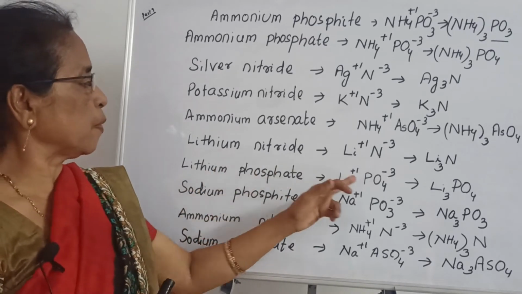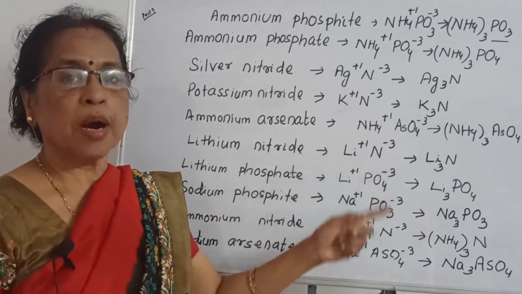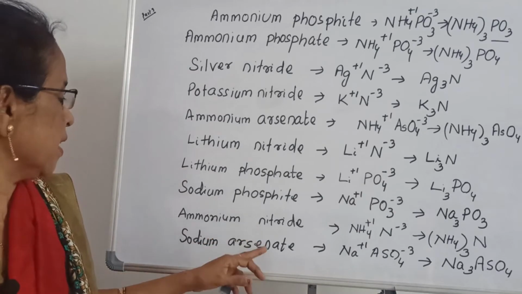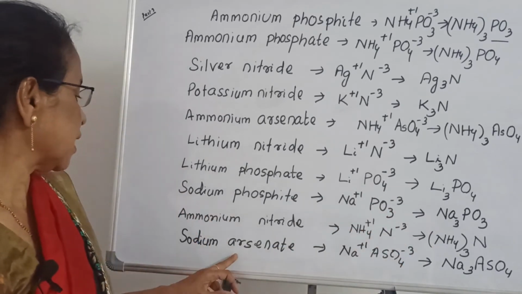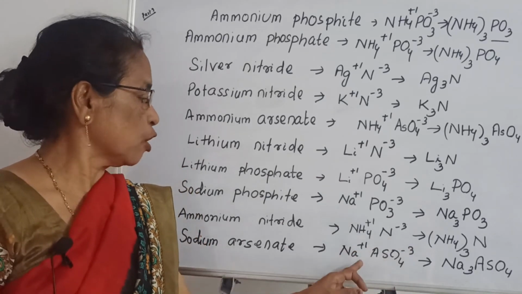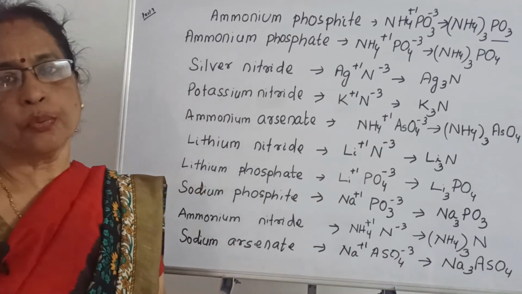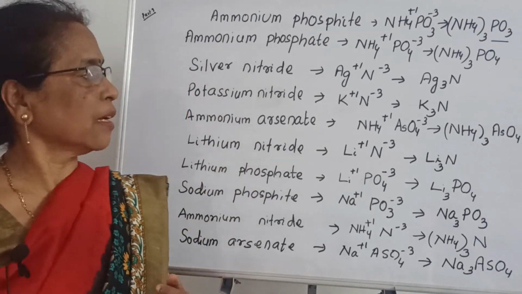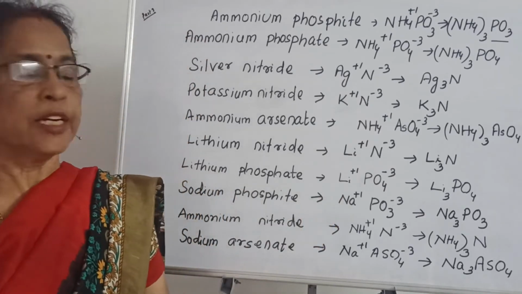Again here phosphate PO4. Remember phosphate and phosphite. Phosphate is PO4 minus 3, phosphite is PO3 minus 3. Nitride, and same for ammonium nitride, the 3 comes here. Arsenate is minus 3, so the 3 comes here. What is the formula? Na3AsO4.